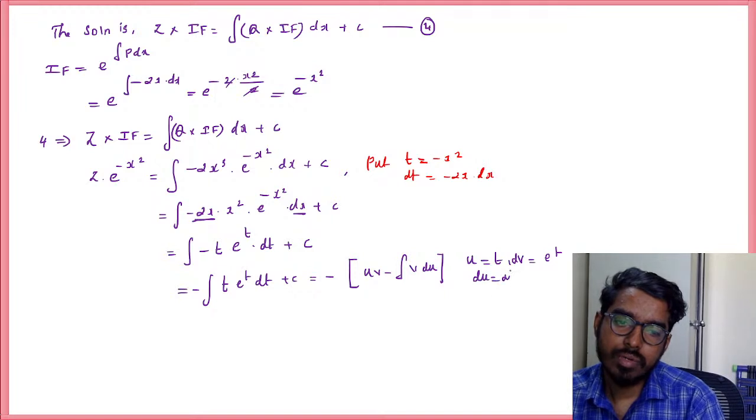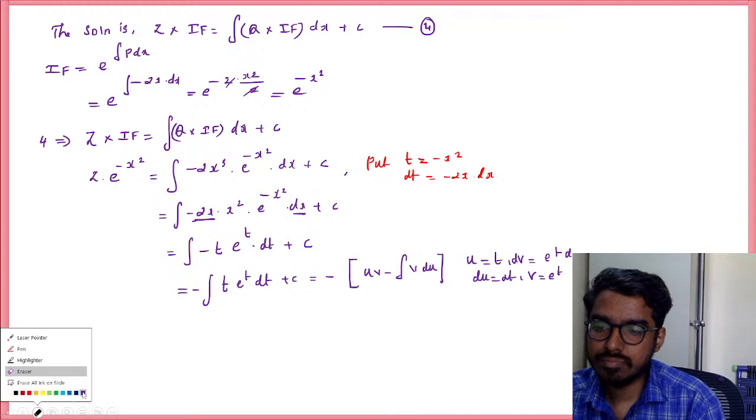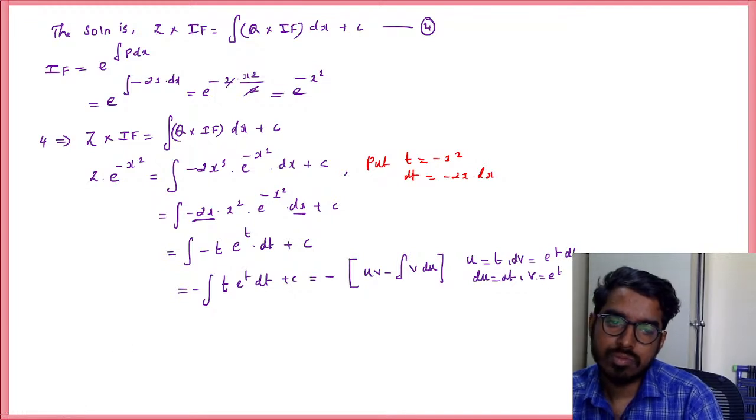That means du will be dt, v will be e power t. So it will be minus u into v. So u is t, v is e power t. Integration of v du. So v is e power t. Again e power t dt's integration is e power t.